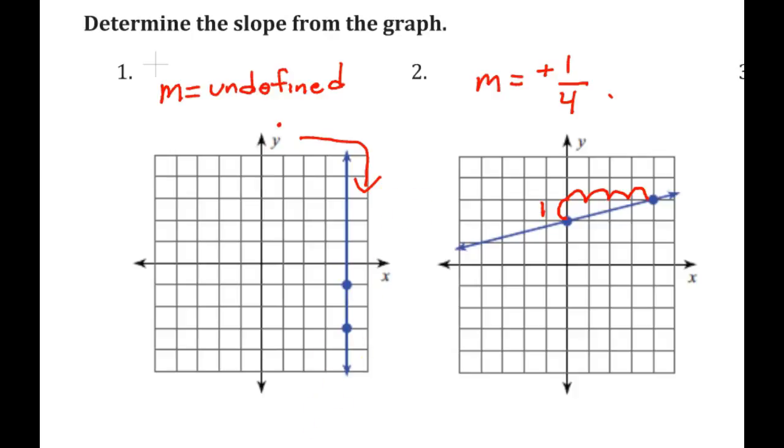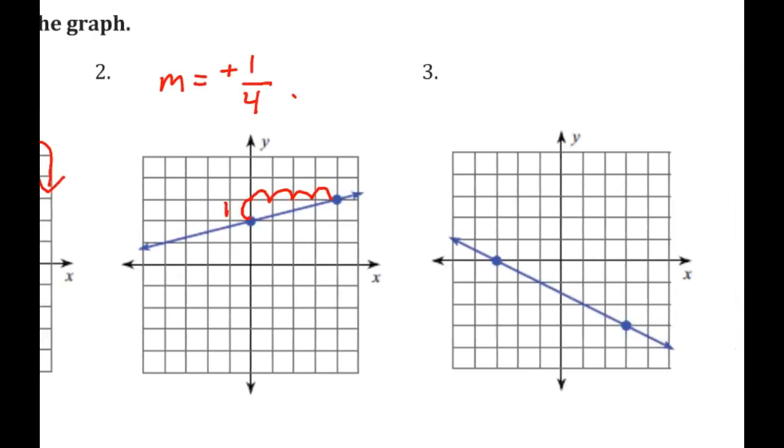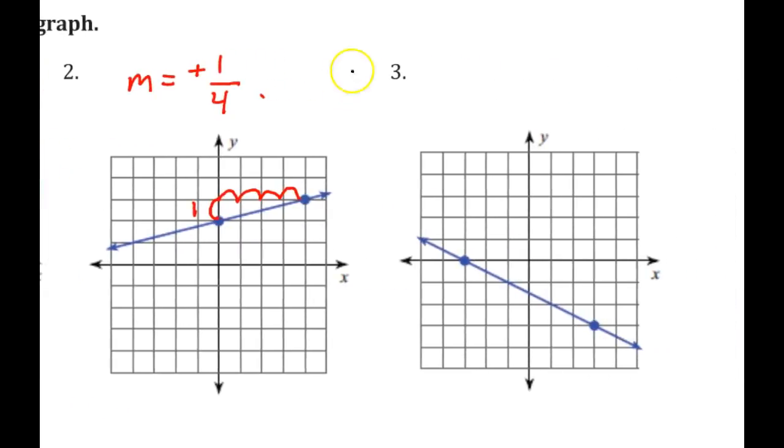All right, you can go to number 3. Right away we know this one is negative because it's going down from left to right. So we can count the rise: negative 1, 2, 3. So negative 3. And then the run is 1, 2, 3, 4, 5, 6.